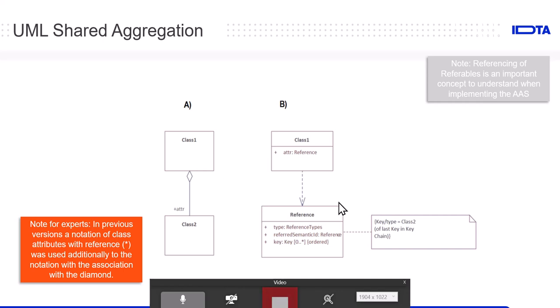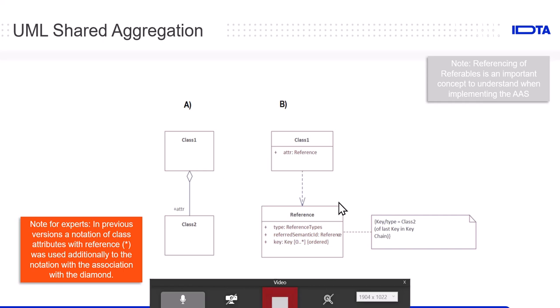So if we do have a diagram like this, in reality, it means that we do have a reference type, and that this reference type is referencing an element of class 2. I will go into more detail about this referencing, but this is really one of the basic concepts, and you should understand how we realize shared aggregation in the asset administration shell.